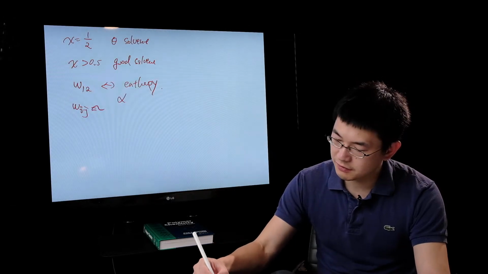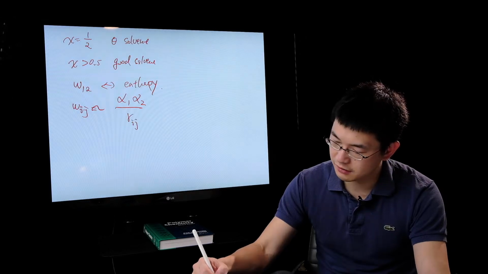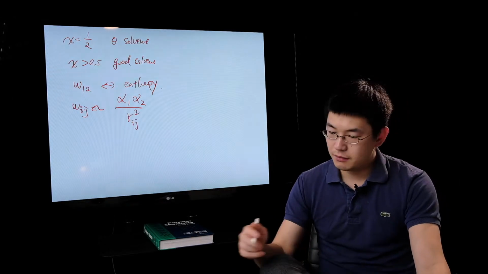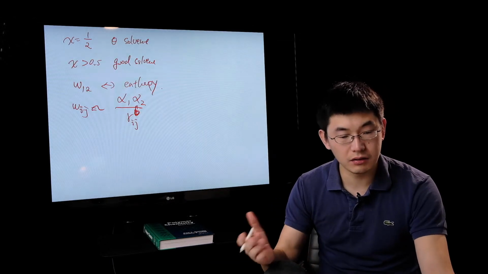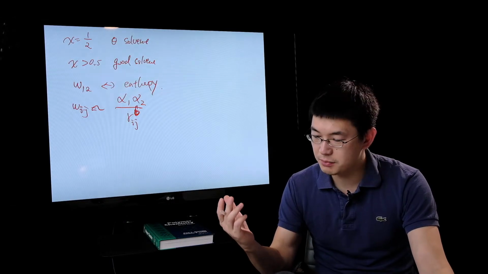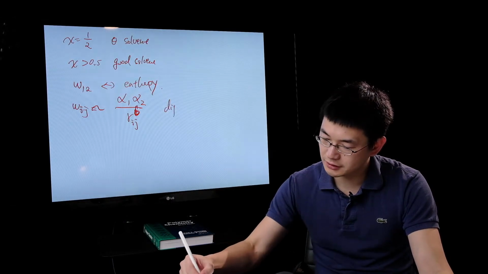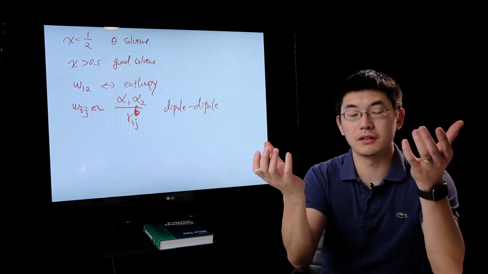So this can be defined with the two species at a distance of i and j. Sorry, this should be to the power of 6, and this can generally be defined as a dipole-dipole interaction.